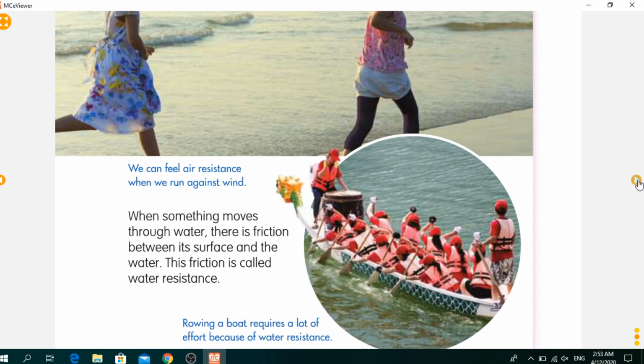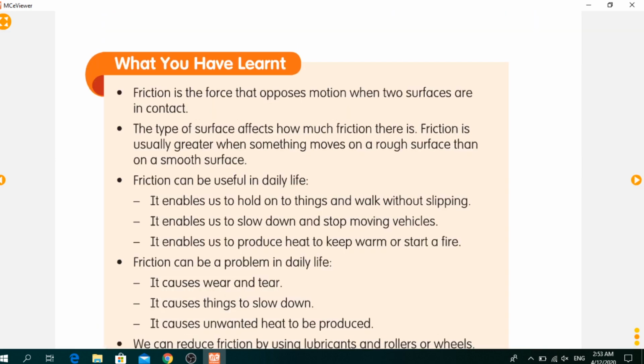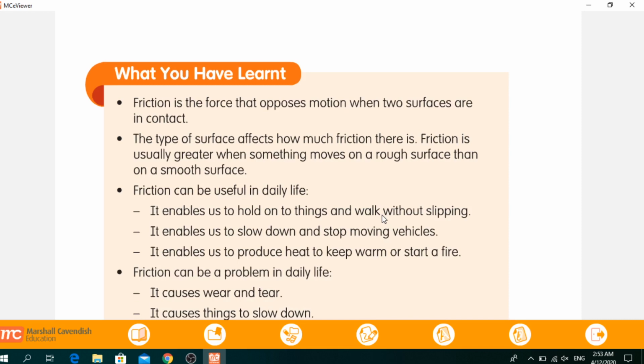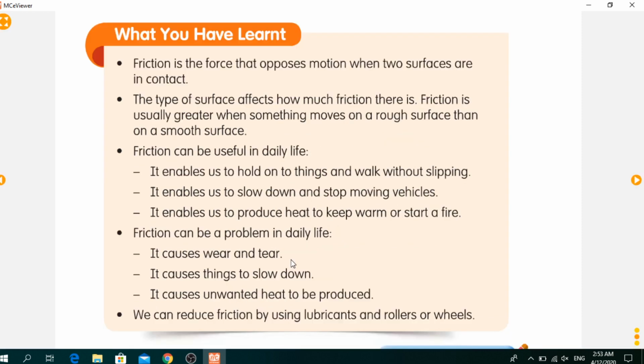Okay. So let's summarize what I said. What is meant by friction? Friction is the force that opposes motion. It means that it acts in the opposite direction when two surfaces are in contact. And friction force is very important in our daily life. Why?